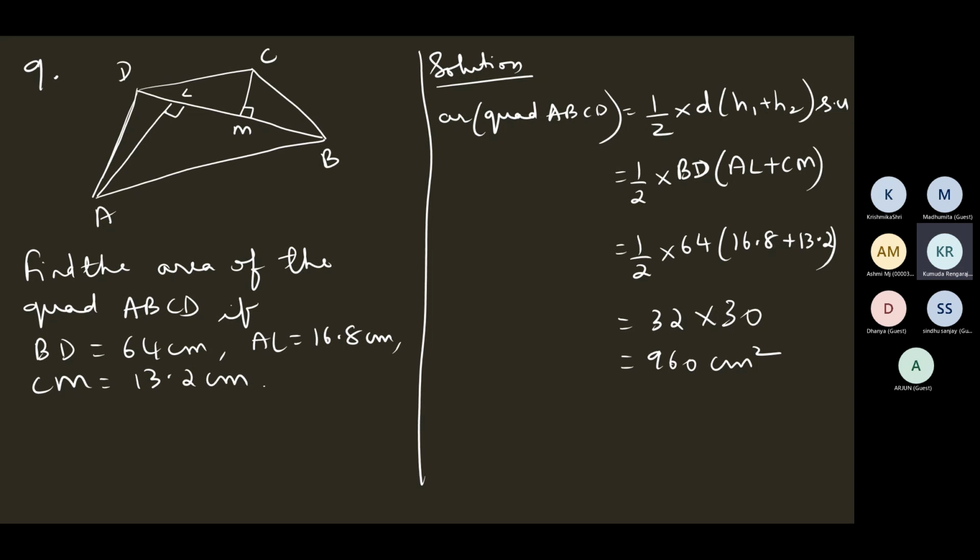Half into diagonal BD into the sum of the altitudes on the diagonal BD. If you take the diagonal AC, half into AC into the sum of the altitudes on the diagonal AC.